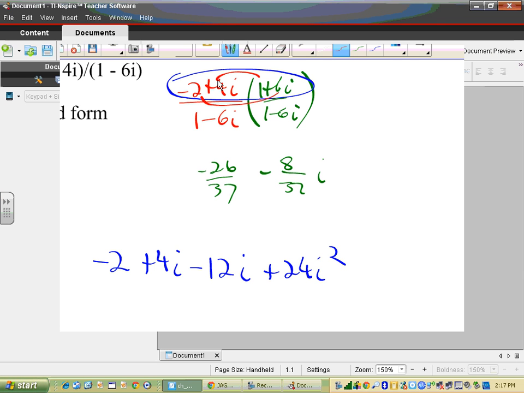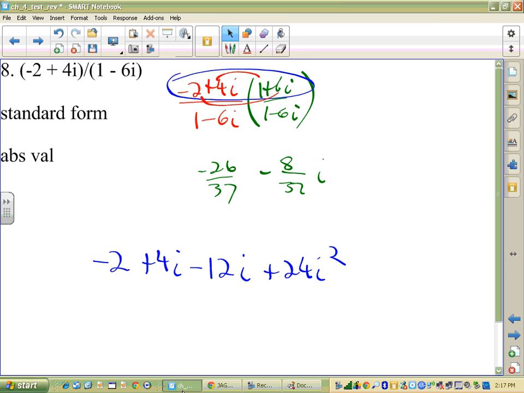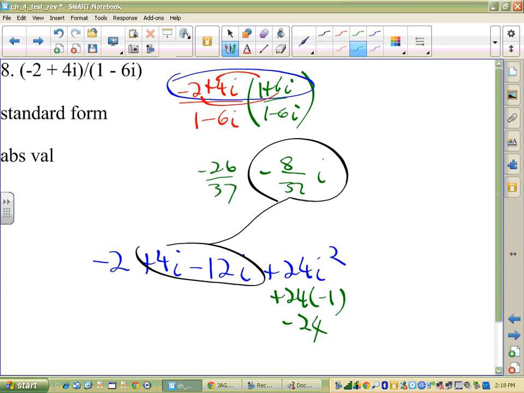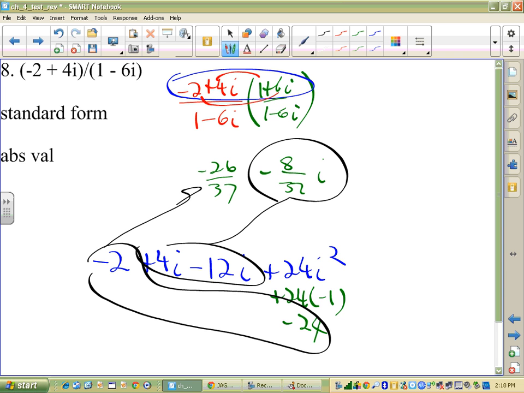These two combine to give me this negative 8 37ths i, right? Remember what i squared is. i squared is negative 1, so this is plus 24 times negative 1, right? So that's going to be minus 24. And when I put these two together, that's where that negative 26 comes from.